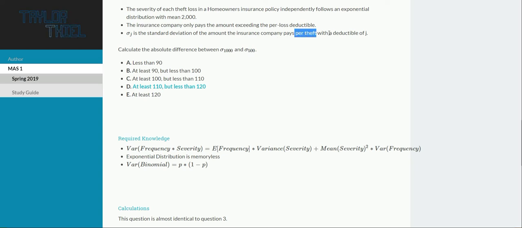So a theft can either reach and pass a deductible or not, but it's just kind of an interesting different way of thinking of these problems, that instead of a unit of time, you're looking at things as per theft. And that's why we have this binomial distribution popping up, because we're going to be looking at, for a given theft, what's the standard deviation of the expected payment that the insurance company is going to have to make.